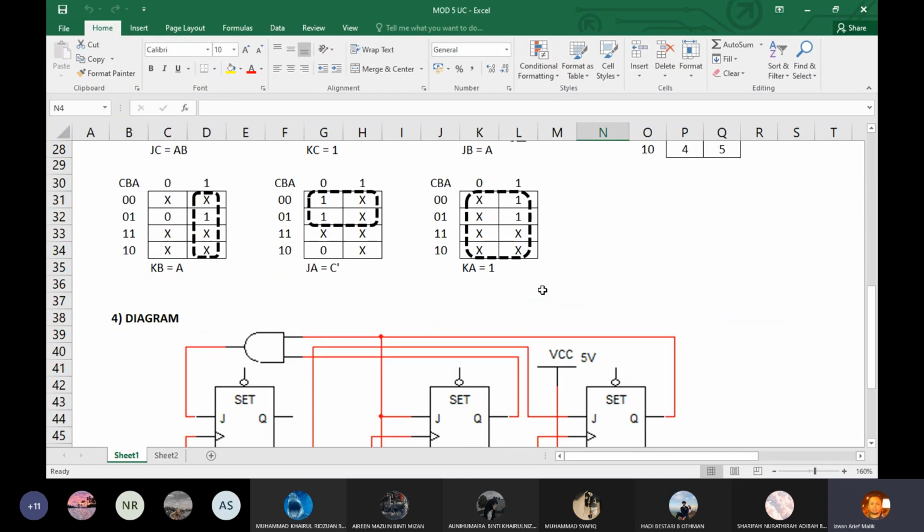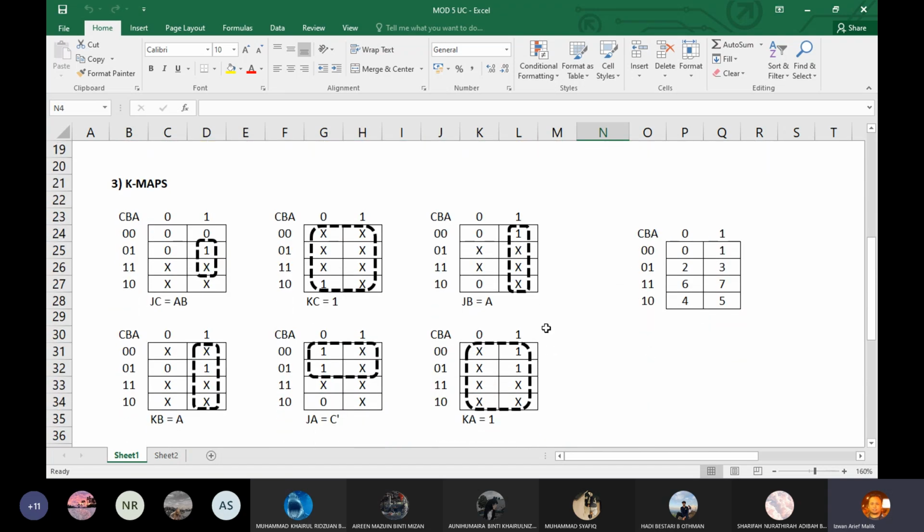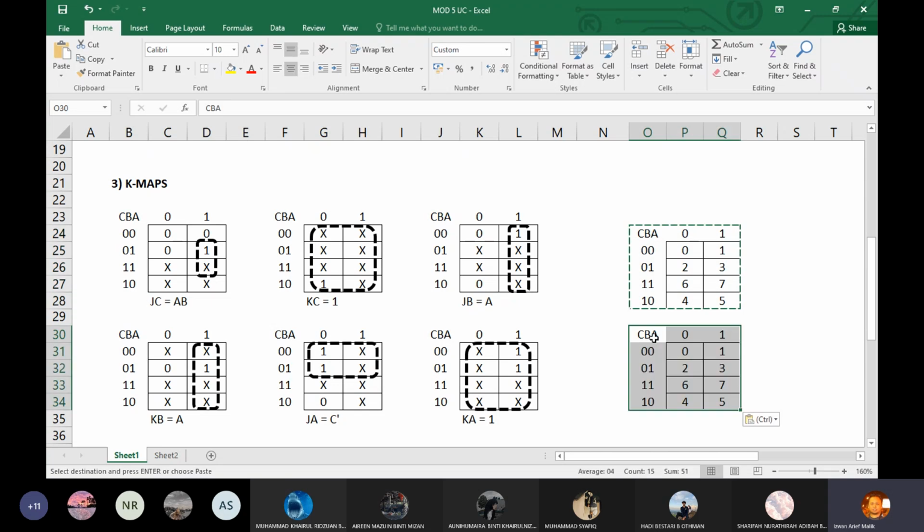So ini tadi mode 5. Okay. So I'll just use these things. This is DCBA. 0, 0, 1, 1, 1, 1, 0.